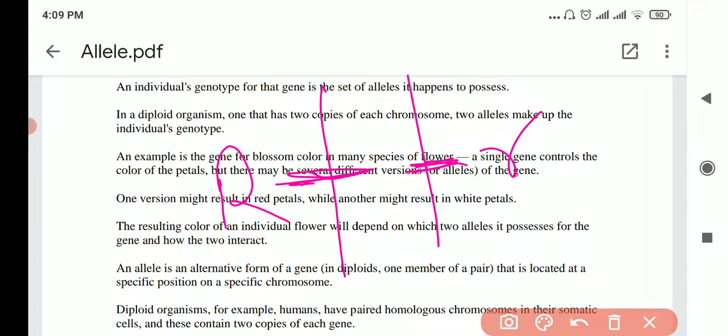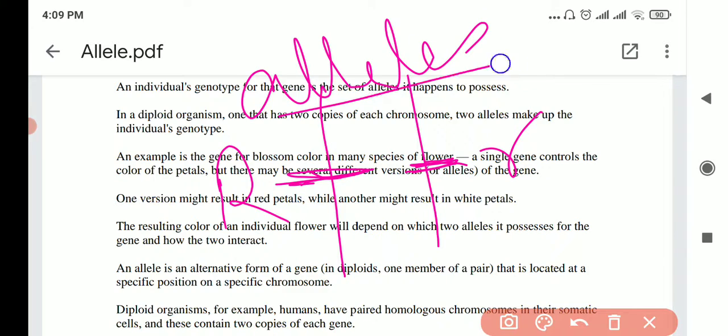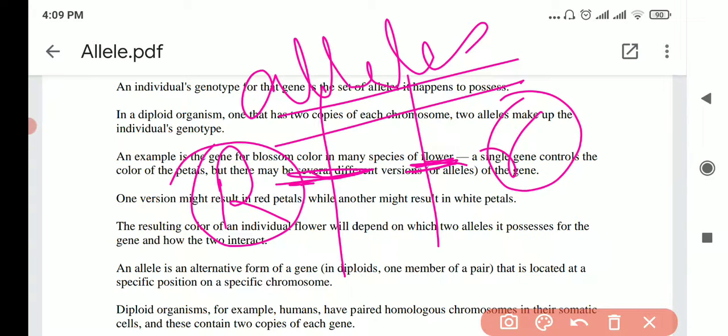It says it's your job to give the color, you give. But it's the job of the alleles to determine the strength of the phenotype. Should it be red? Should it be white? Should it be pink? Should it be something else? So if we say that capital R is dominant, we will get a red color petal.